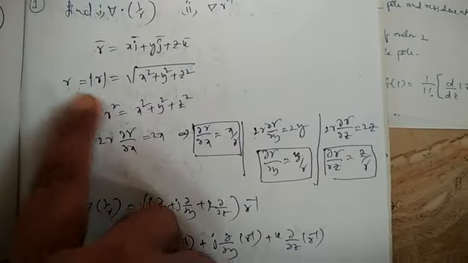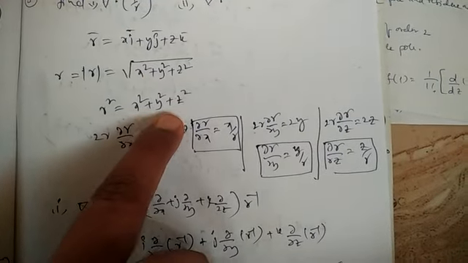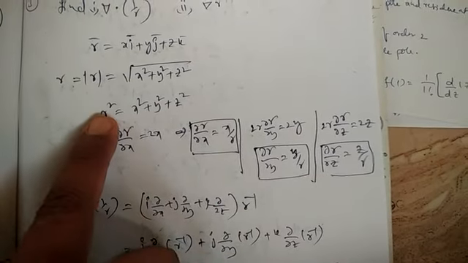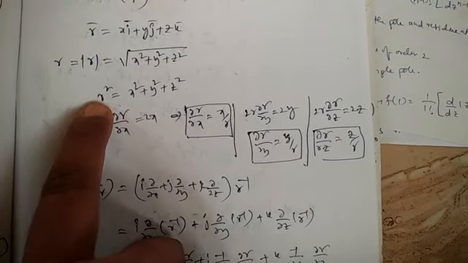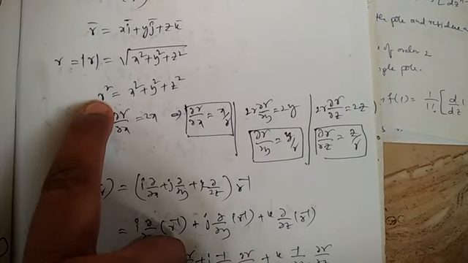Now what is r squared? r² equals x² plus y² plus z². Now we differentiate this with respect to x.